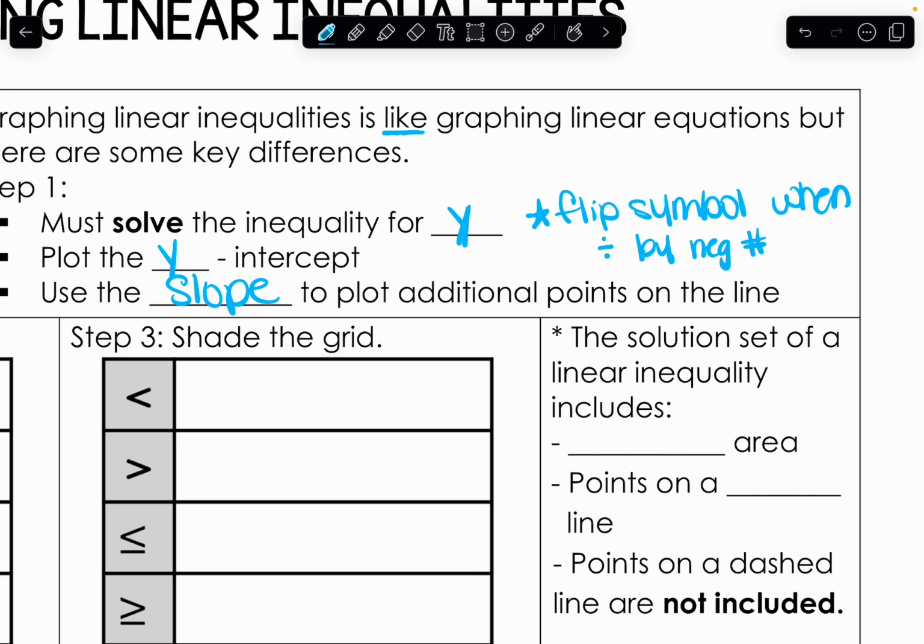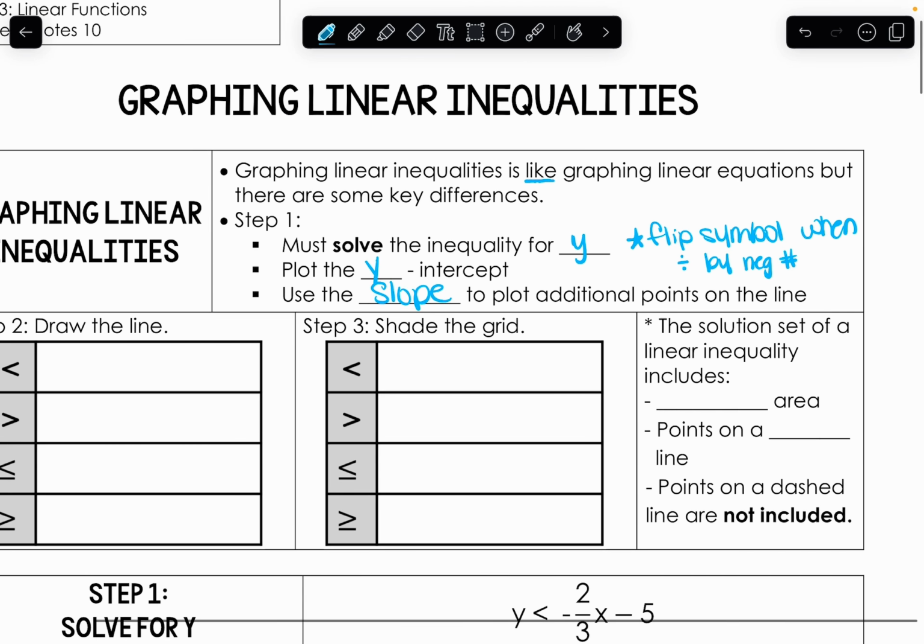Flip the symbol when you divide by a negative number. Because remember, 9 out of 10 times the last step when you're solving for y is to divide by the coefficient of y. So you're going to flip that sign. So less than is going to be greater than, and greater than is going to be less than.